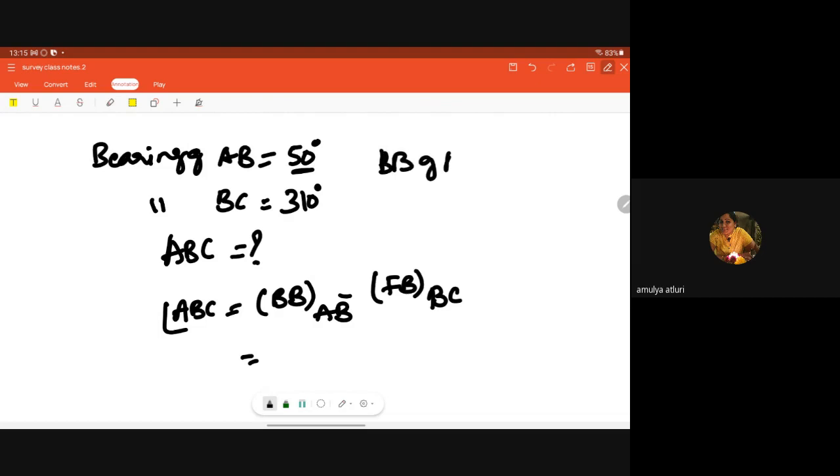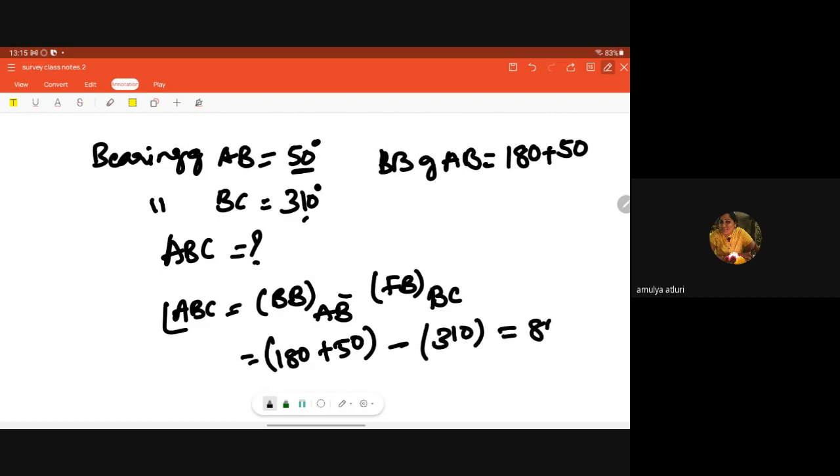Back bearing of AB is 180 plus 50, and the forebearing of BC is 310. So 180 plus 50 minus 310 is 80 degrees. 80 degrees is my angle B. Okay, you need to do it like this.